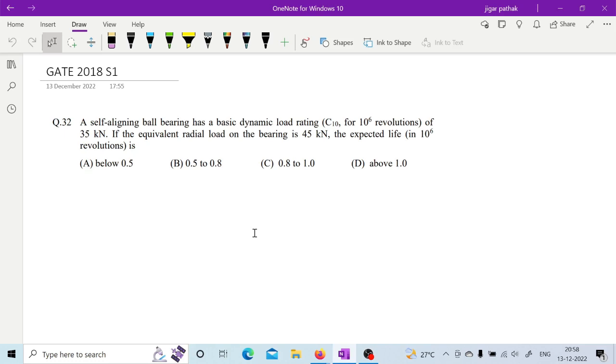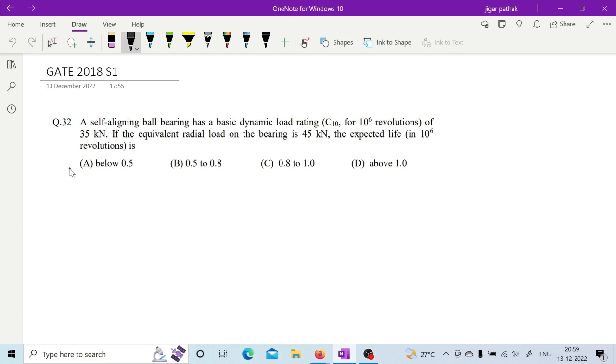So can you try this? So C is given as 35, right, and equivalent radial load P is given as 45. A. Yeah, correct. So anyone else?